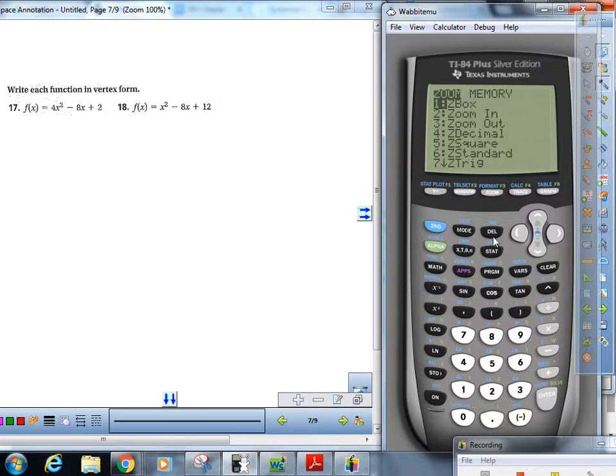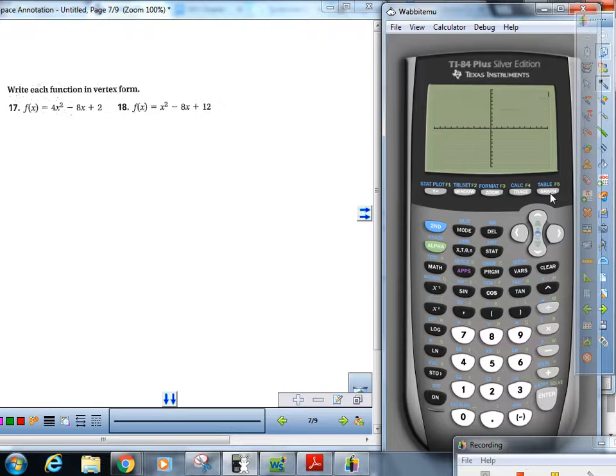Let me go back to my Zoom 6 and try it again. Why is that giving me a line? x squared minus 8x. Let's just try it again. x squared minus 8x plus 12.